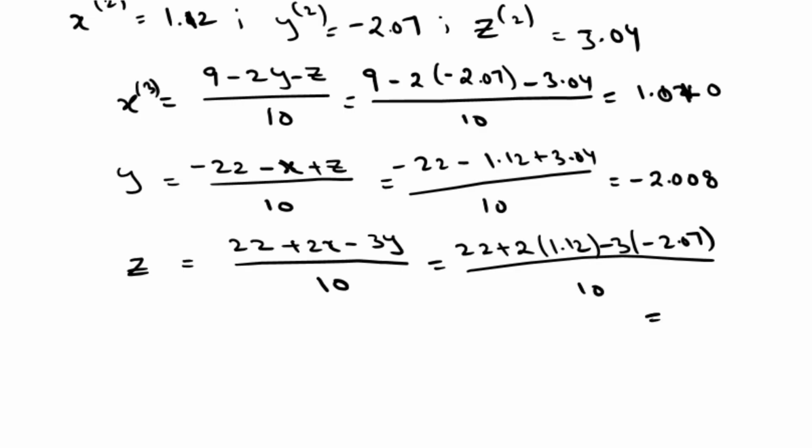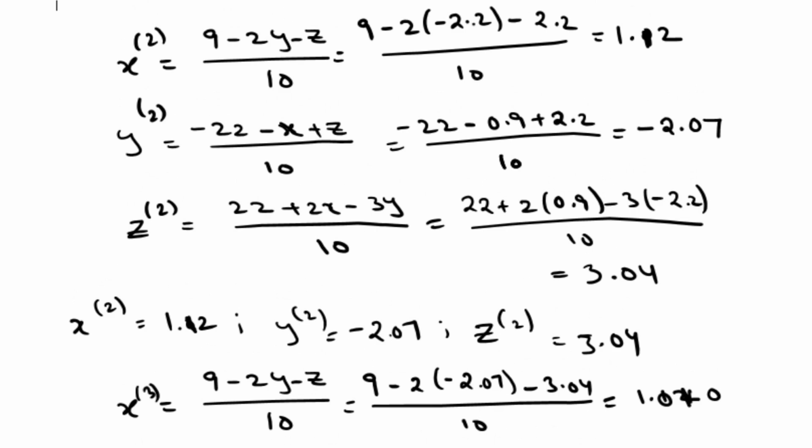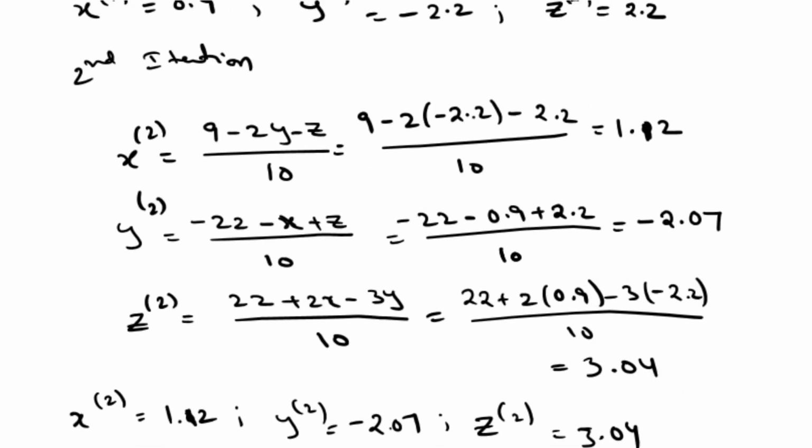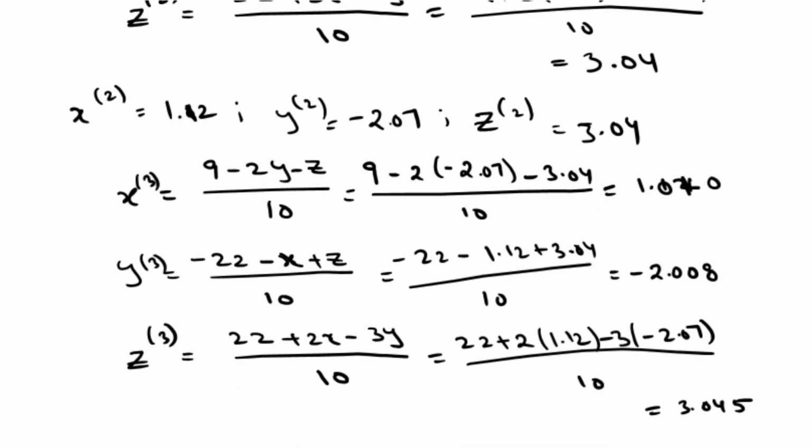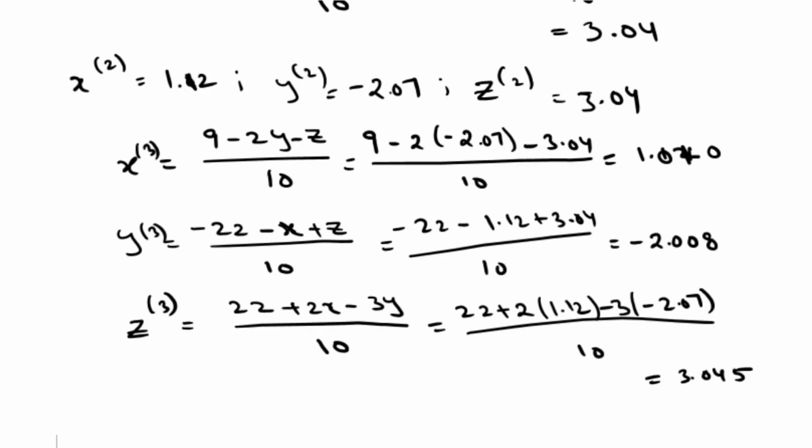You can get 3.045. Therefore, these are the values for third iteration. See the second iteration: x in the second iteration is 1.12, y is minus 2.07, z is 3.04. We are substituting these three values for third iteration.